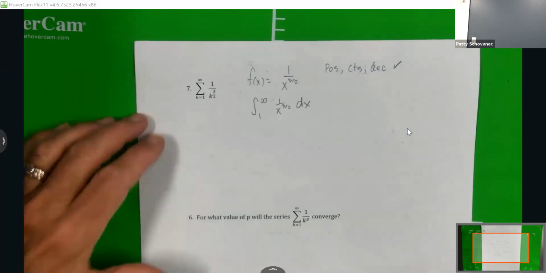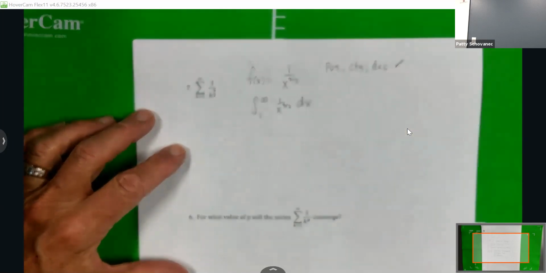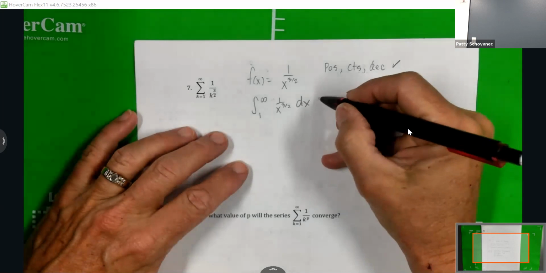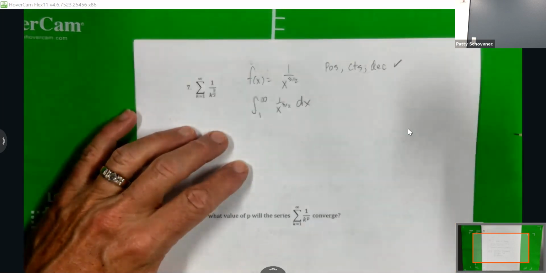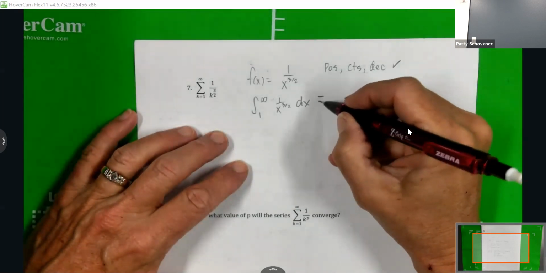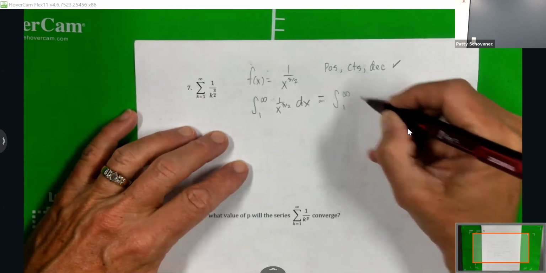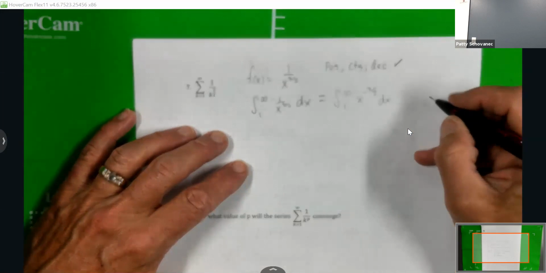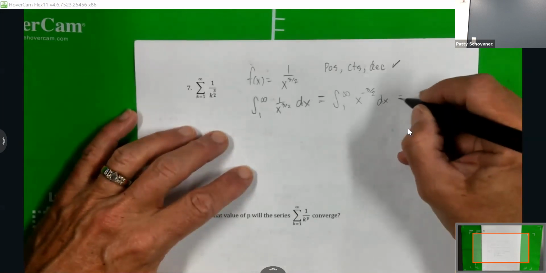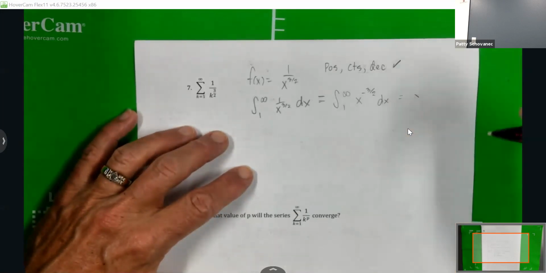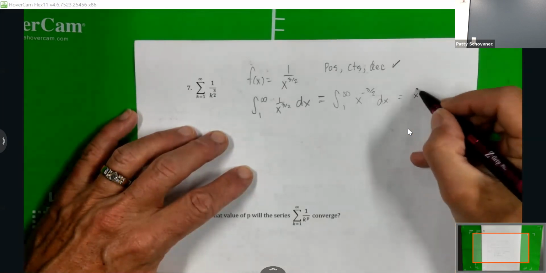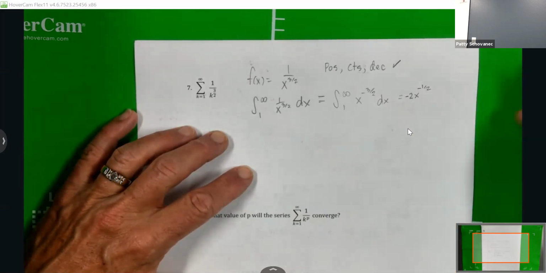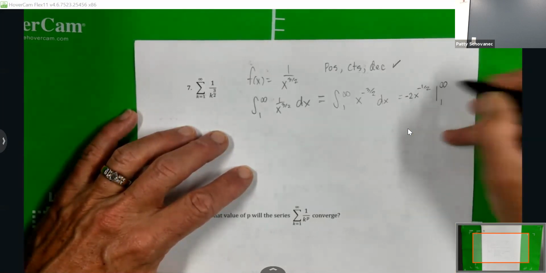Write that as x to the negative 3/2. Add 1 to the power to give you an x to the negative 1/2. Divide by negative 1/2 puts me a negative 2 out here from 1 to infinity.